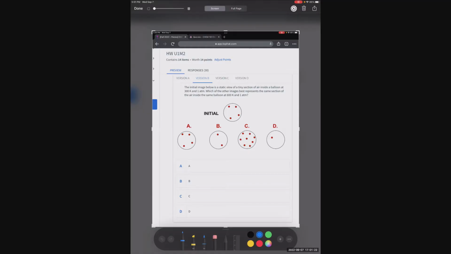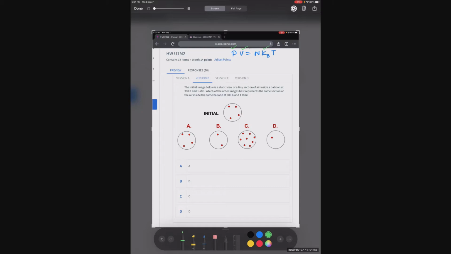When we deal with gases, we use the ideal gas relationship, which is PV equal to the number of particles times the Boltzmann constant times the temperature. We have the same pressure and the same volume, because we are looking at the same cross section, and Kb is a constant.